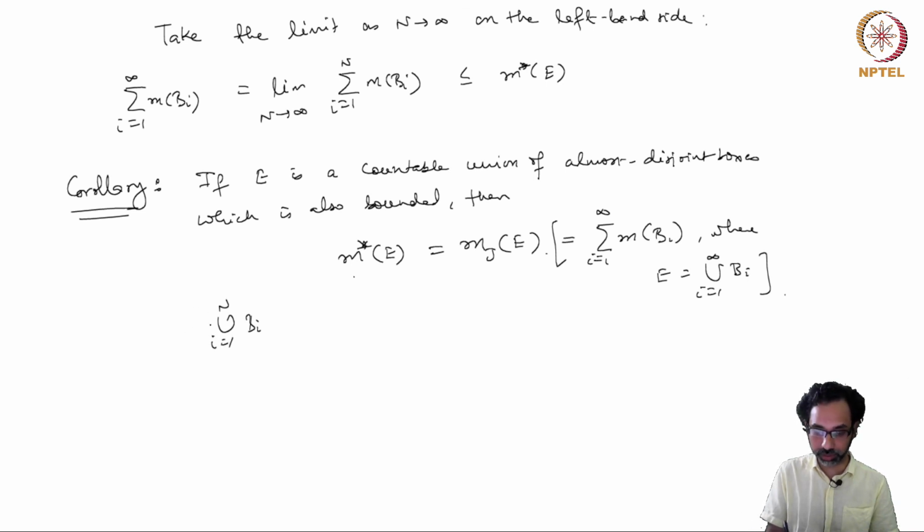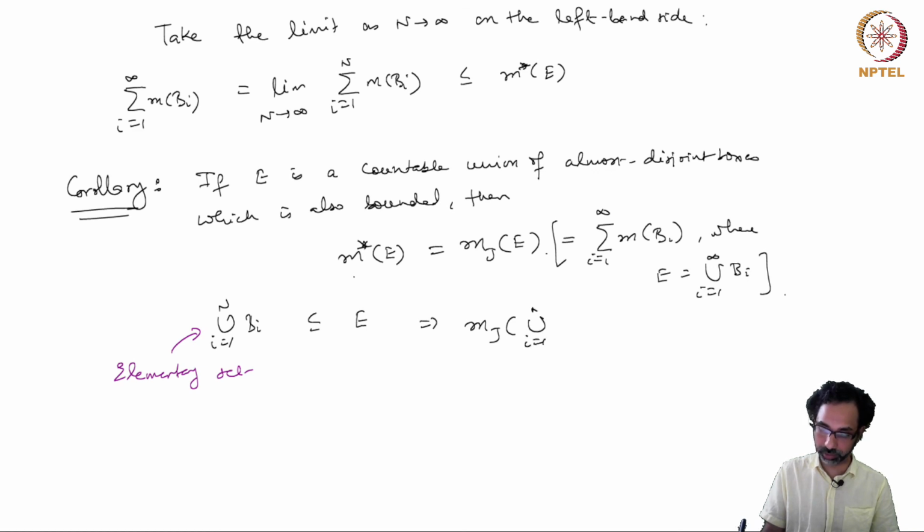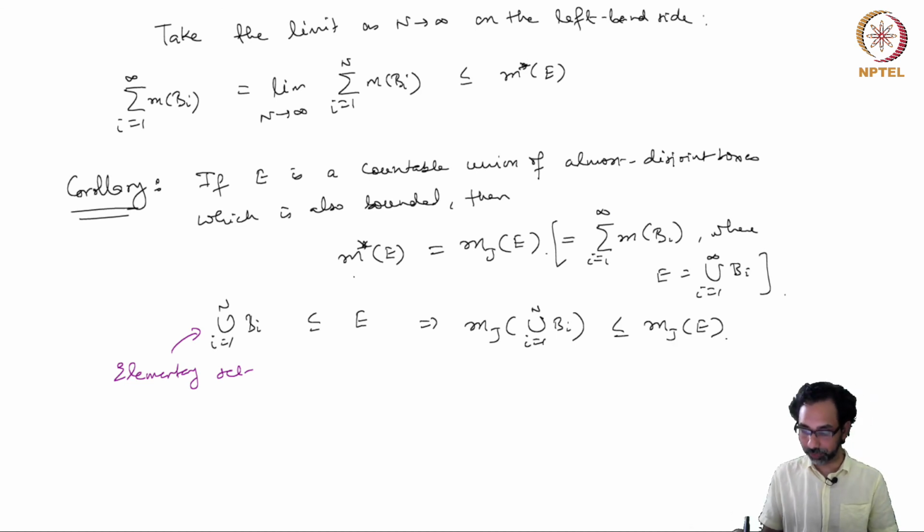This is now an elementary set, and it is contained in E, and so the Jordan measure of this set is less than or equal to the inner Jordan measure of E, and this is nothing but again the sum i equal to 1 to n of m Bi, because this is an elementary set.